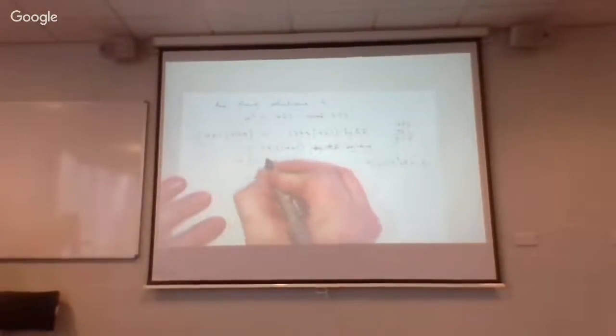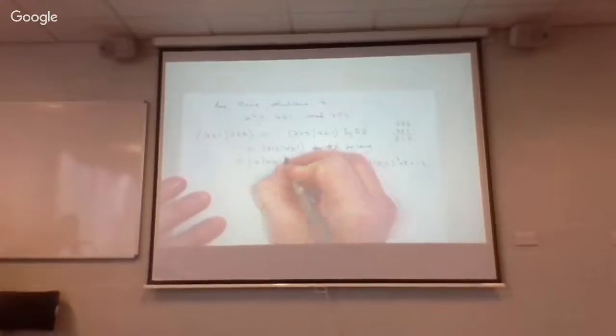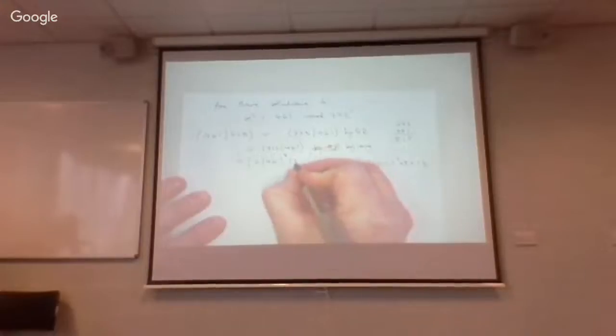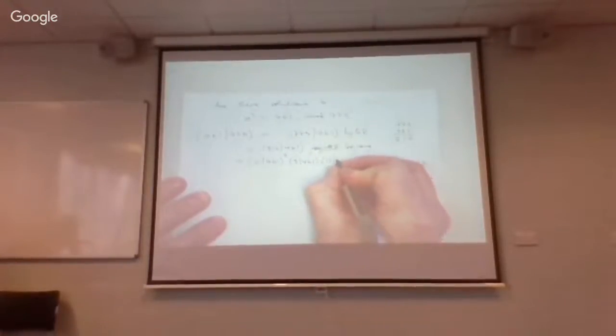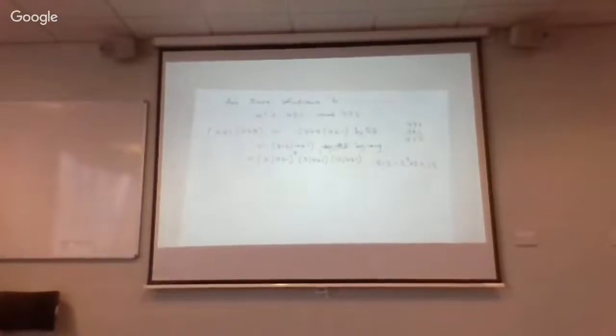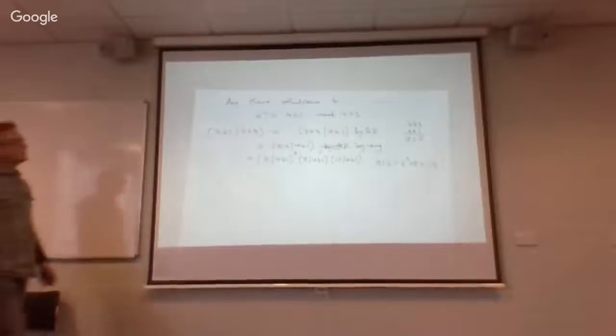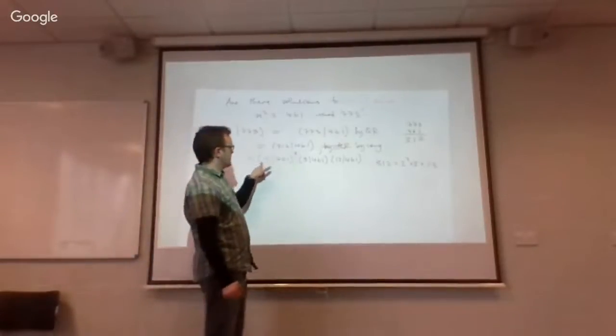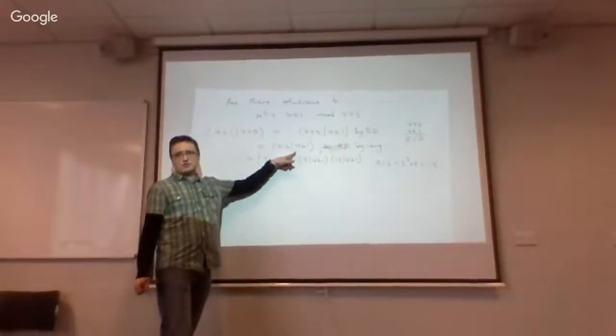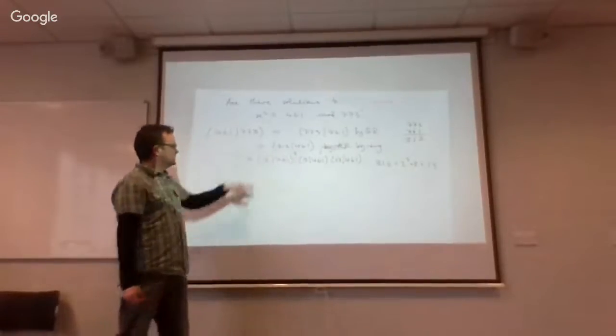So I get 2 modulo 461, cubed, times 3 modulo 461 times 13 modulo 461. So that's by factorizing. Now I do have to worry about the status of this here because it's cubed, so it could be minus 1.